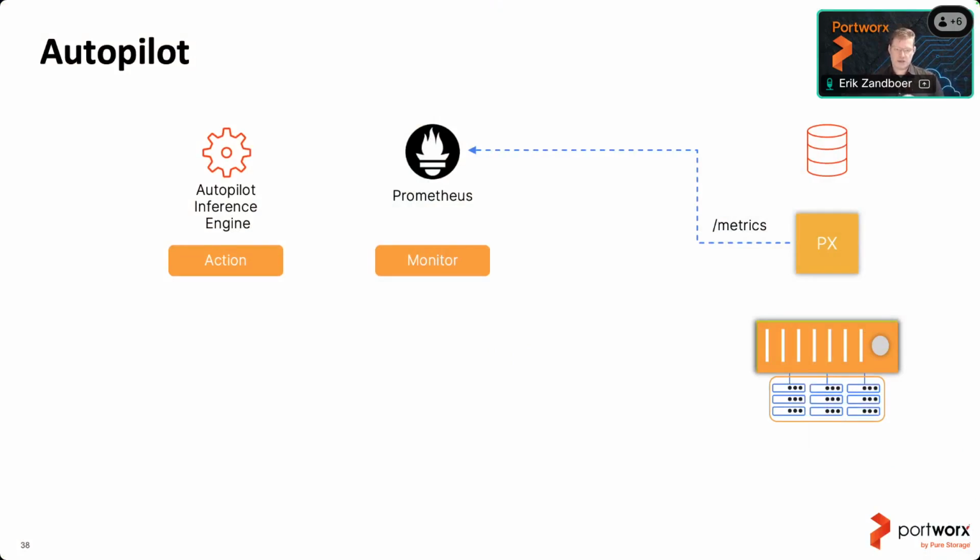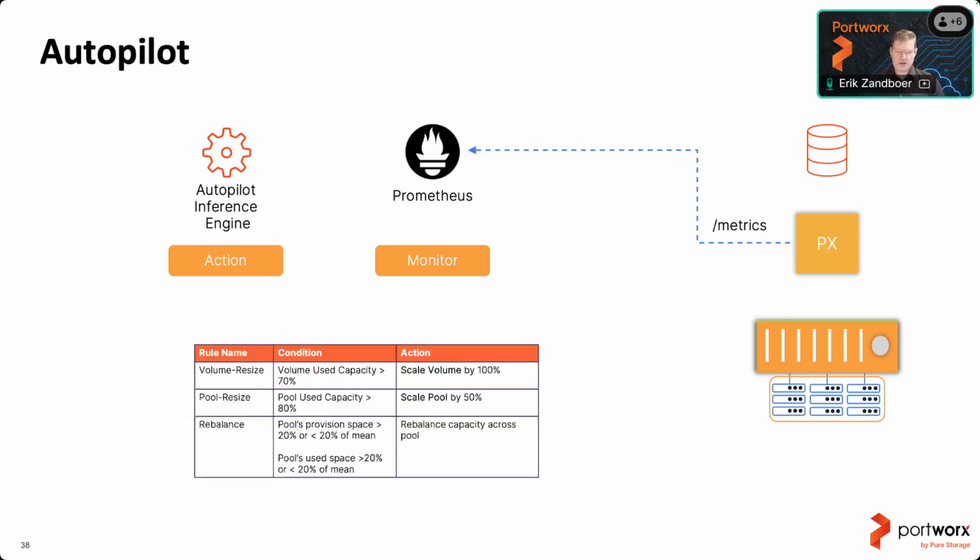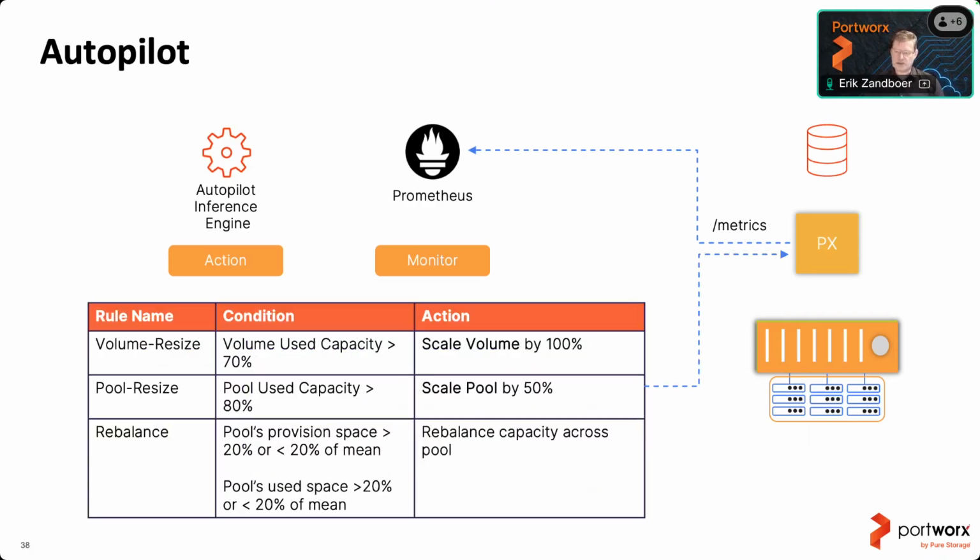But what it also does is use Prometheus to have this thing called the Autopilot Inference Engine. I should call it AI actually, because it seems pretty smart, but it's not so smart. It's not really AI because it's about rule sets. So you can define rule sets. We'll be seeing that for the volume resize, by the way, in the lab as well.